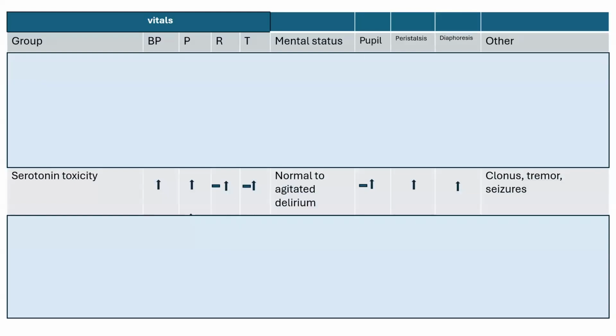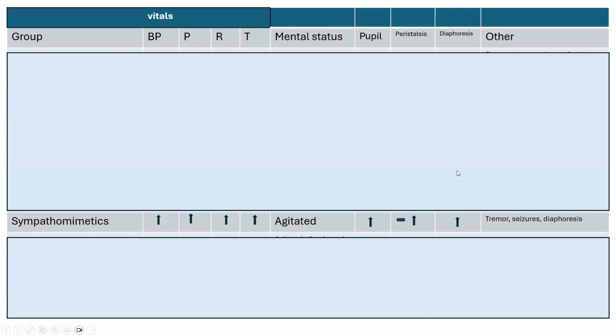Serotonin toxicity: blood pressure and heart rate are up, peristalsis would be pronounced, and they will have clonus, tremor, and seizures, then increased perspiration. Sympathomimetics, opposite to opioids: blood pressure, pulse, respiratory rate, and temperature will all be elevated. They will be agitated. Pupils will be dilated, with diaphoresis, tremor, and seizures.